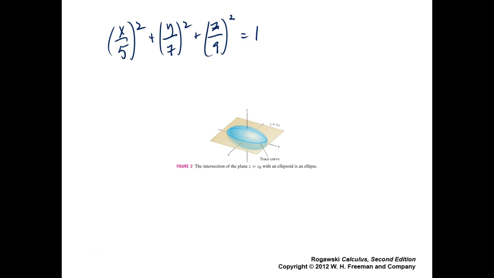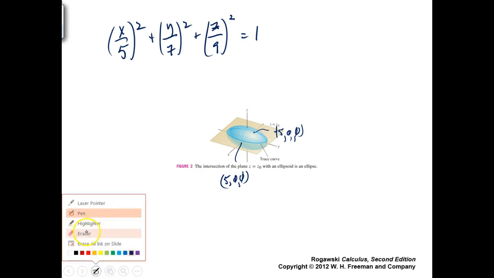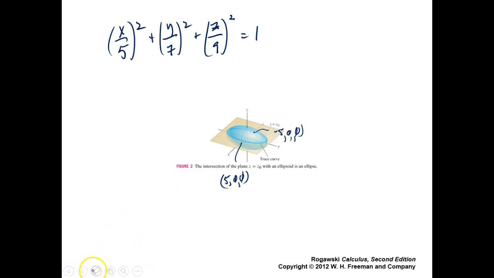Well, first, I would say identify some key points on the ellipsoid. Right here would be the point (5, 0, 0). Back here, that point would be (-5, 0, 0). Okay? Yuck. I put my parentheses right over my minus sign. The y here, I don't think they've drawn it to scale.